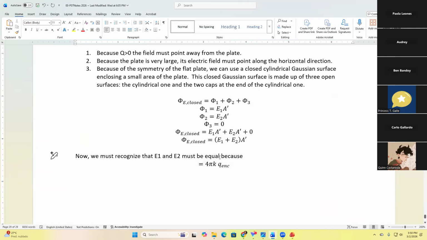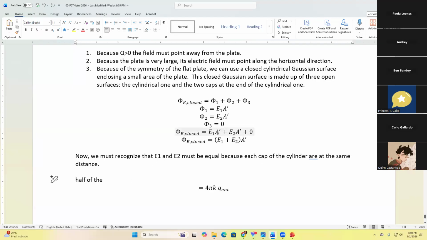Each cap of the cylinder is at the same distance. If you are at the same distance from your sources, then the electric field intensity must be the same.